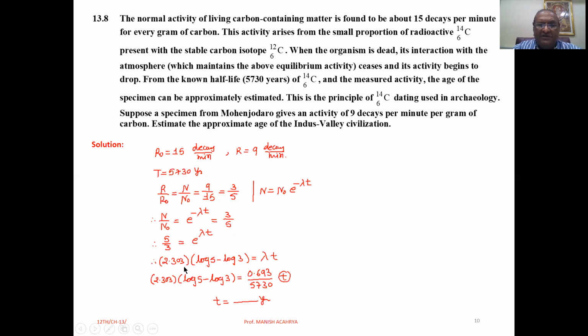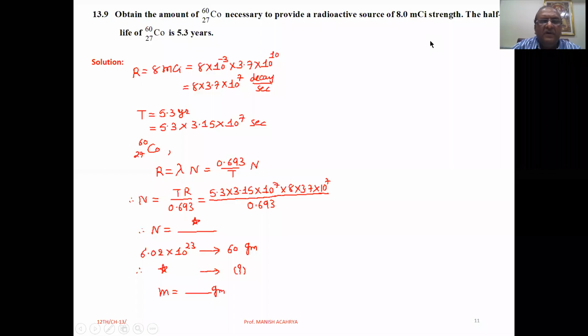So 2.303 times log of 5 by 3, that is log 5 minus log 3, is equal to lambda t. But lambda is 0.693 upon capital T. Here capital T is in terms of years, so directly your answer for time t when you solve this will be in terms of years. Clear to all of you? Next one.